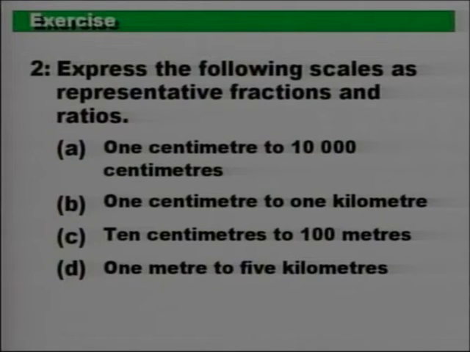This first one is okay, good. Second one, 1:100,000, that's fine, good. So leave it as it is, in ratio form, don't show the others.